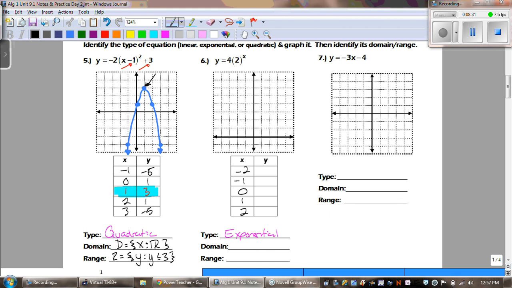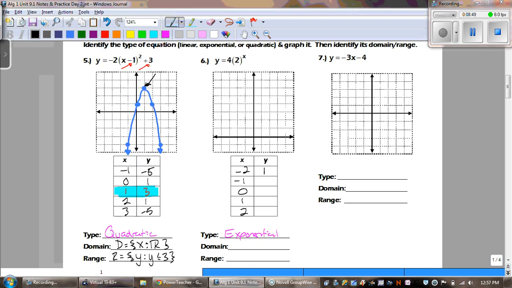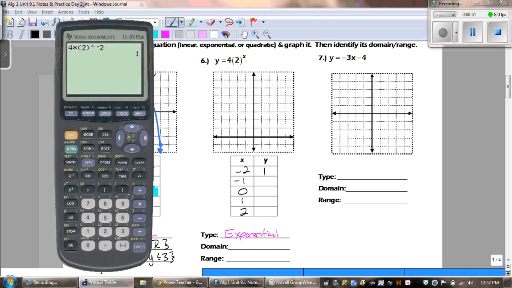Okay? So when we're plugging this into our calculators, as I pull mine up right now, we would write 4 times 2 and then raise it to the -2nd power. And what do you get? 1. That's what I got. Let's do the other ones.